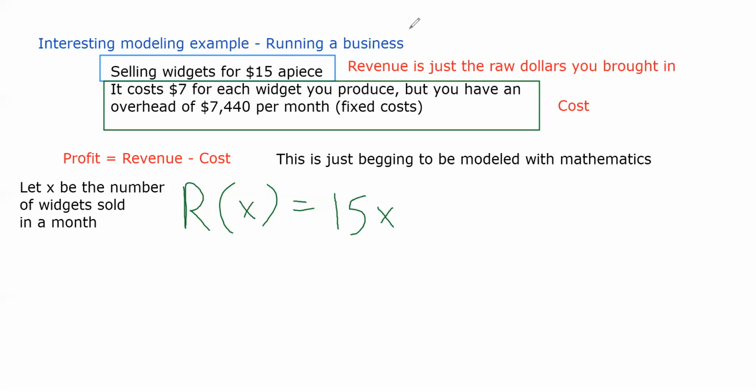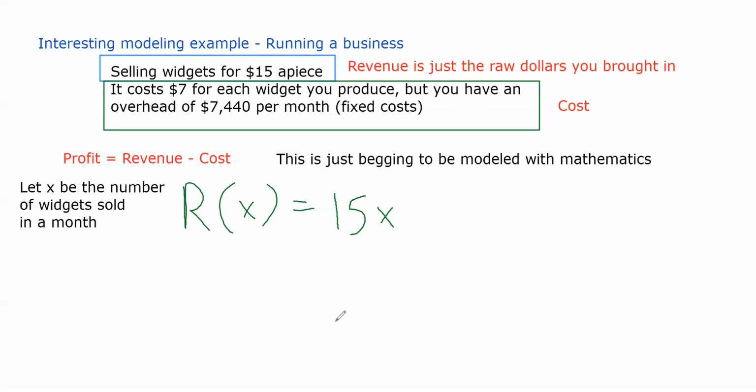If I was actually selling 3 different things, if I was selling widgets and iPhone cases and water bottles, I could say X is the number of widgets, Y is the number of iPhone cases, Z is the number of water bottles I'm selling. And then whatever their price is for each of them, I would attach that price and add them all up. But in this case, we're only selling one thing, so there's only one variable we're interested in.